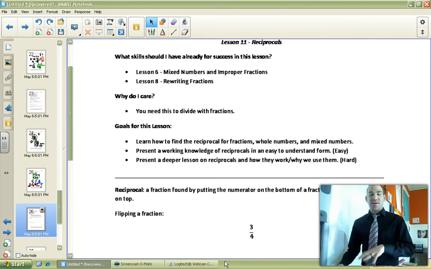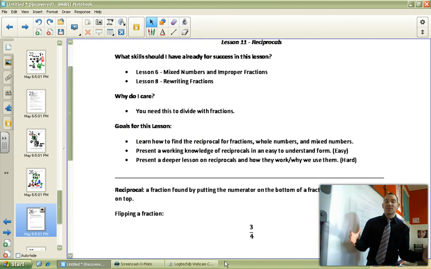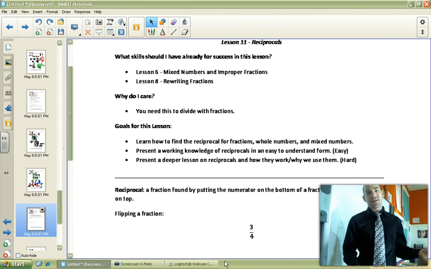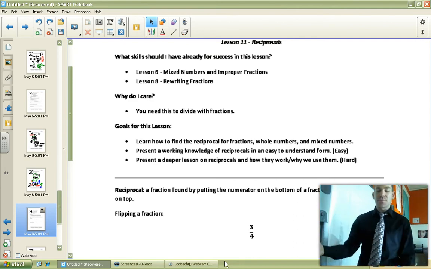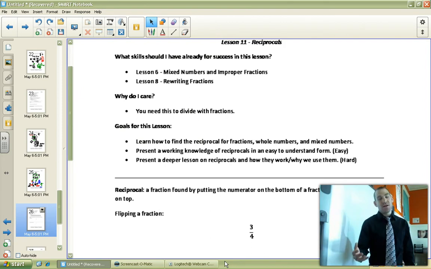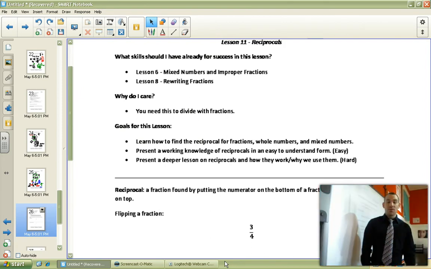First, a working knowledge, that's the easy part, the stuff that you absolutely need to know in order to have success when it comes to just your class right now for fractions. And then a harder part, a deeper lesson on reciprocals and how they work and why we use them.